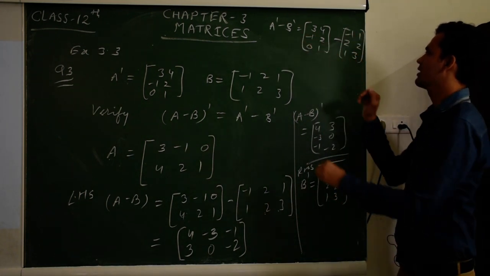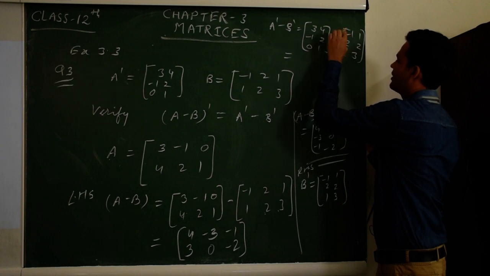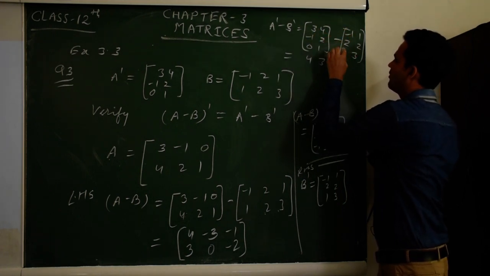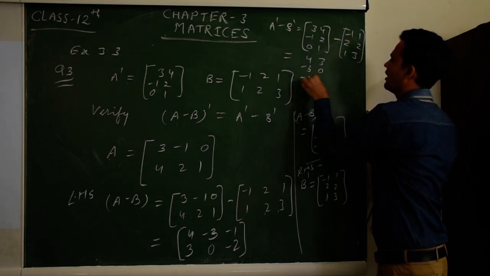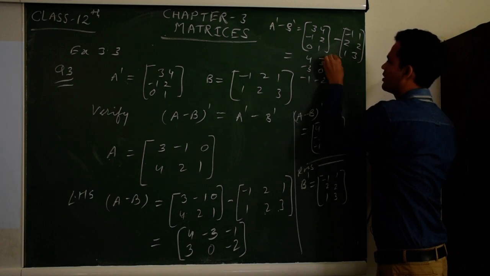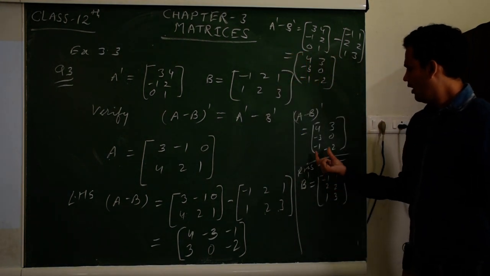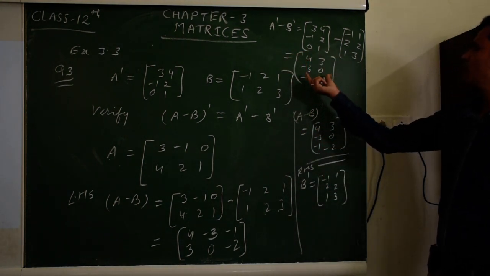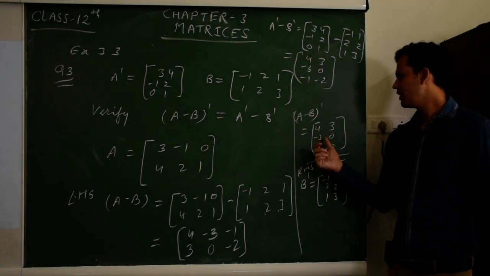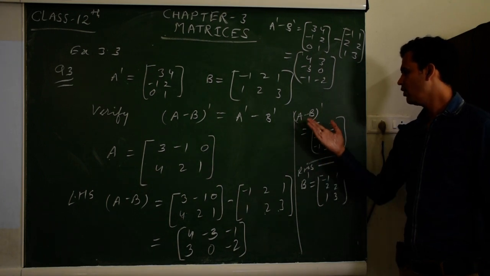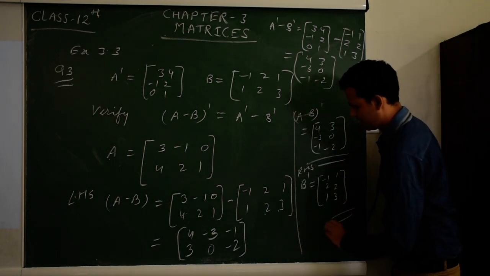So if we subtract this, 3 minus minus 1 is plus 1, so 4, minus 1 minus 2 is minus 3, 2 minus 2 is 0, 0 minus 1 is minus 1, and 1 minus 3 is minus 2. So LHS equals RHS. 4, 3, minus 3, 0, minus 1, minus 2, and 4, 3, minus 3, 0 and minus 1, minus 2. So LHS equals RHS.